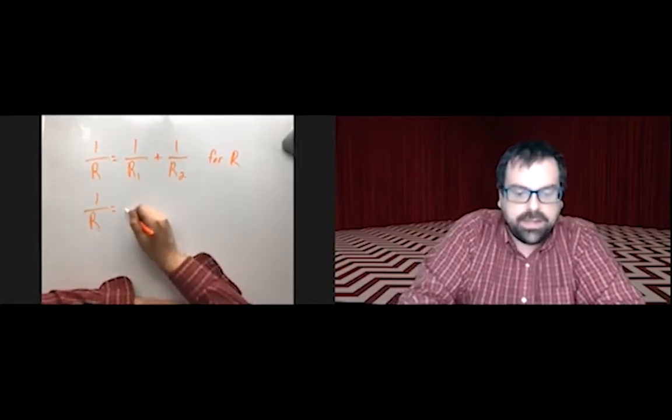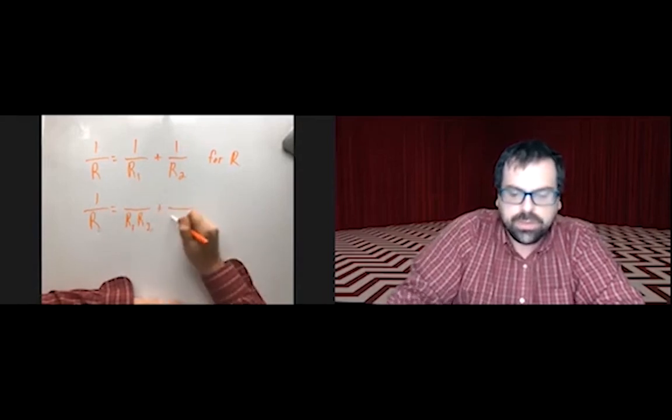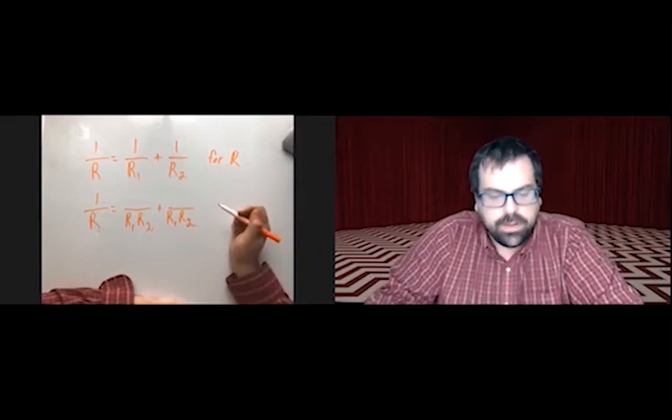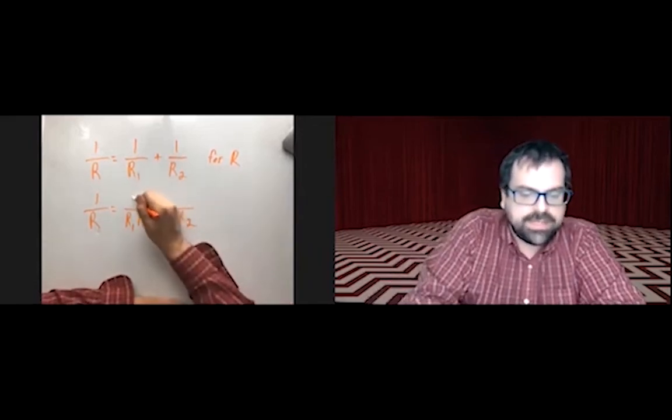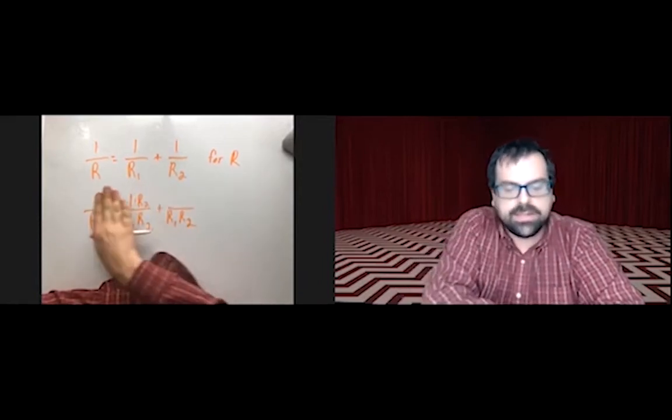This would be a common denominator of R1, R2. Which means this needs to be multiplied by the R2 because that's new. What we had times 1.